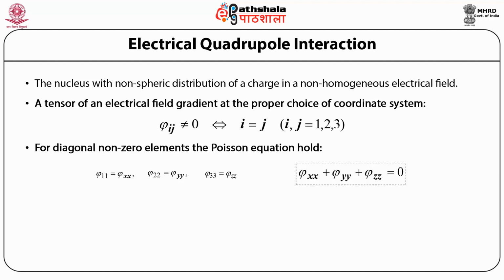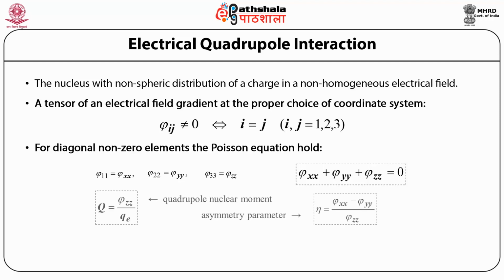So phi xx plus phi yy plus phi zz equals 0, and the quadrupole nuclear moment is expressed as q equals phi zz over e, and the asymmetry parameter, which is linked with the shape of the nuclei, is eta equals phi xx minus phi yy over phi zz.